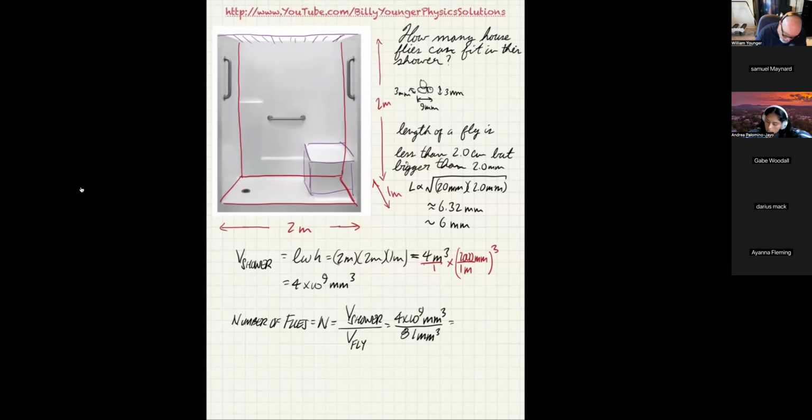So 4 times 10 to the 9th divided by 81 gives me 4.9 times 10 to the 7th flies. So what I'd say is N is approximately equal to 50 million.